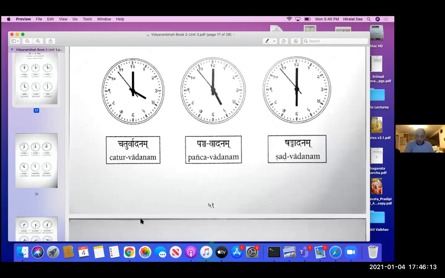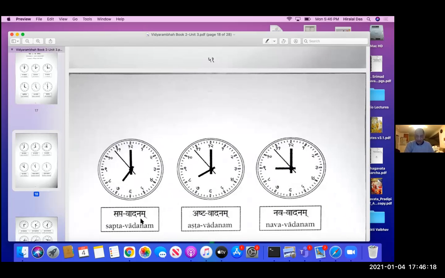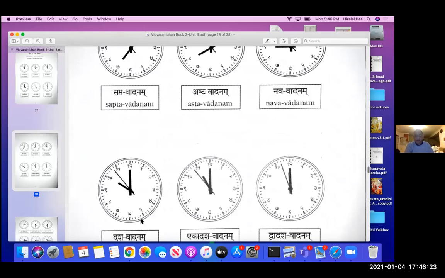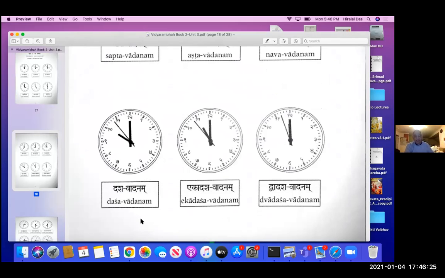Like Chaturvadanam, Panchvadanam, Sadvadanam is 6 o'clock. Saptavadanam, 7 o'clock. Astavadanam, 8. Navvadanam, 9 o'clock. Dasvadanam, Ekadasvadanam, and Dvadasvadanam. Because if you know your numbers, then for full hour there is no problem at all. If anybody has a question, please let me know now. 10 and 12, Dasvadanam.